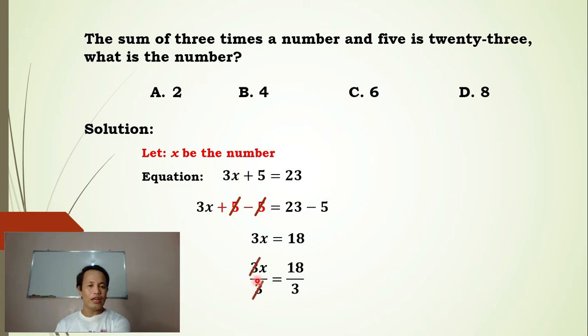So we can cancel out the 3. What remains at the left side of the equation is x. And 18 divided by 3 is 6. Therefore, x is equal to 6. This is now our number, since we are told to find what the number is. So our number is 6. Therefore, the correct answer is letter C.